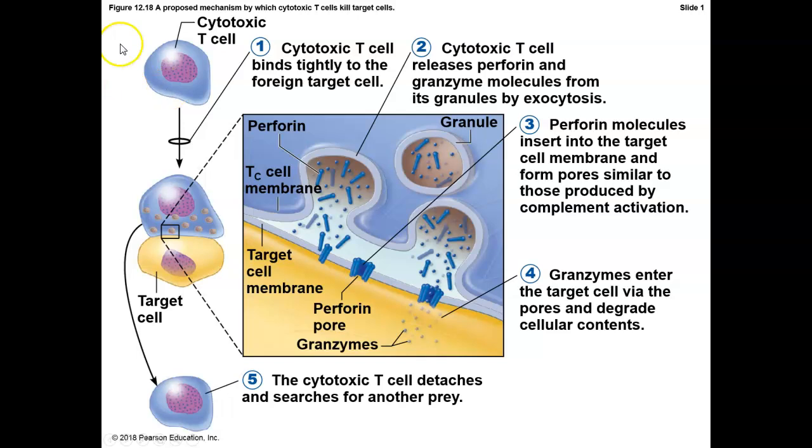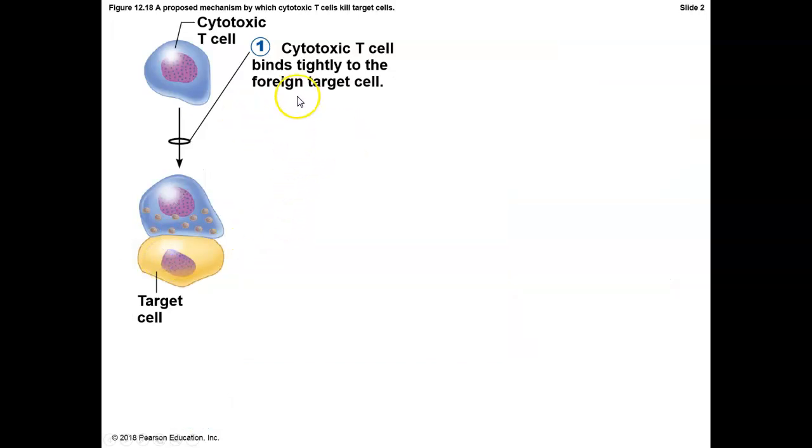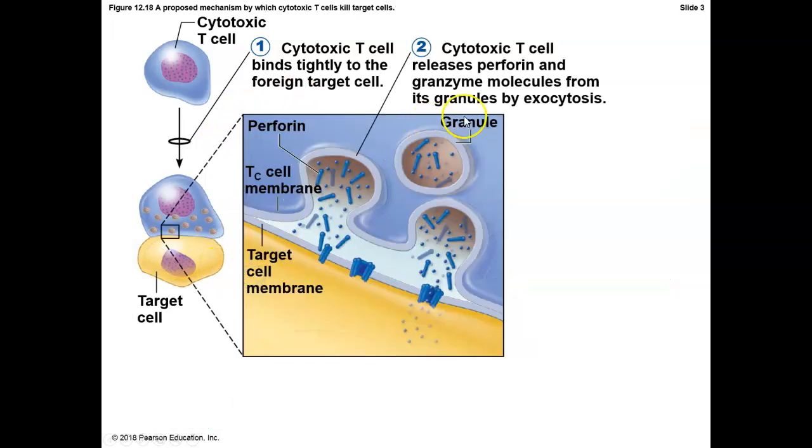So here we have a cytotoxic T cell. It binds to the surface of a self cell that has non-self associated with it. As soon as that happens, the cytotoxic T cell releases perforins. Perforins cause little holes to be formed within that cell's plasma membrane, and then they release granzymes that go into the cell.